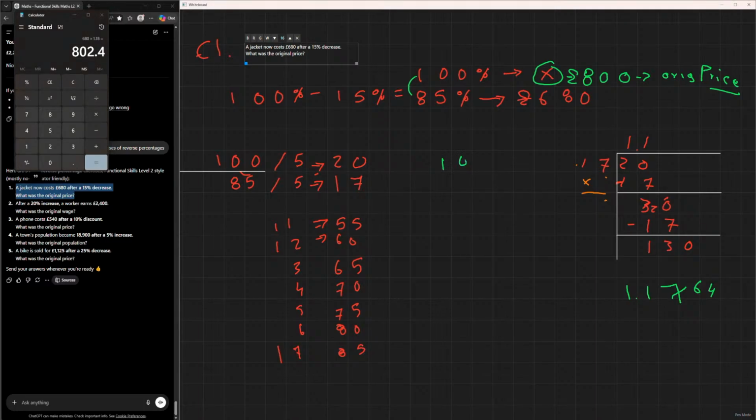Before we had something like this, for example, 10% of a number. Like if we said 10% of 100 is gonna be 10, I think. Or am I wrong? 10 divided by 100 times 10 is 1.